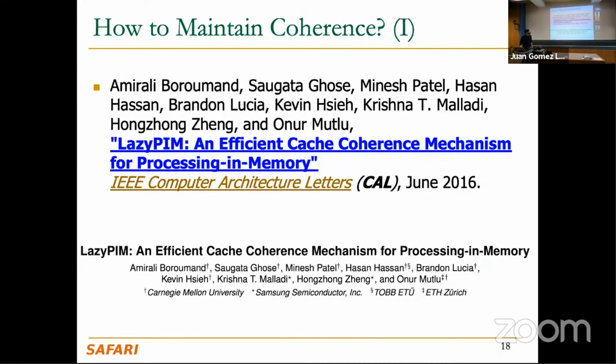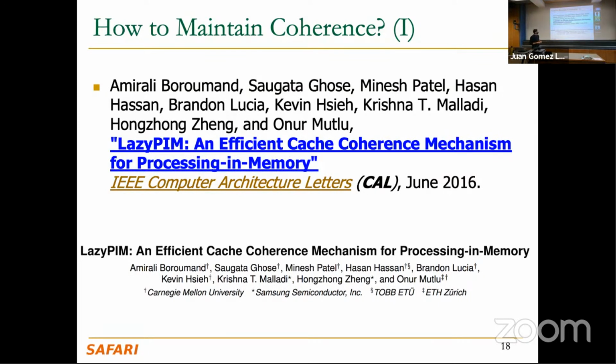And one of the things to take into account when you have concurrent execution on the memory side and from the host side, so you have both processing in memory cores or processing in memory accelerators and regular host CPU or GPU accelerators accessing the same data structures in memory, is that we should provide a way of maintaining memory coherence, right?